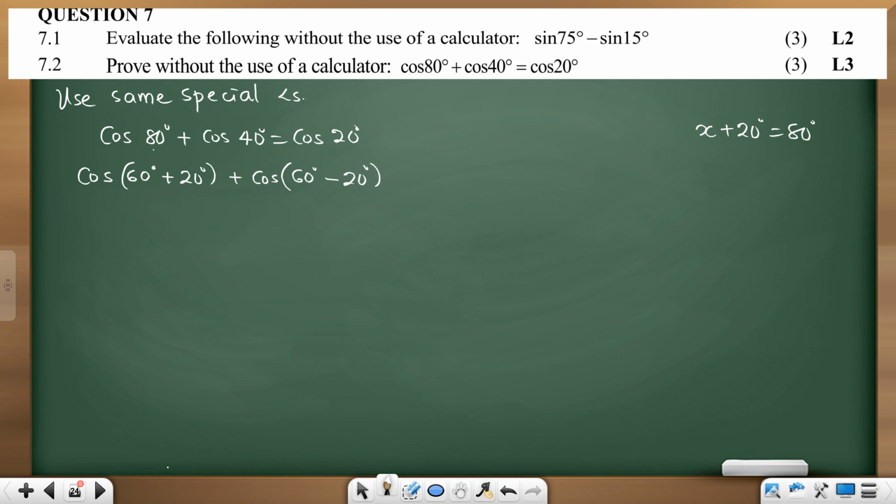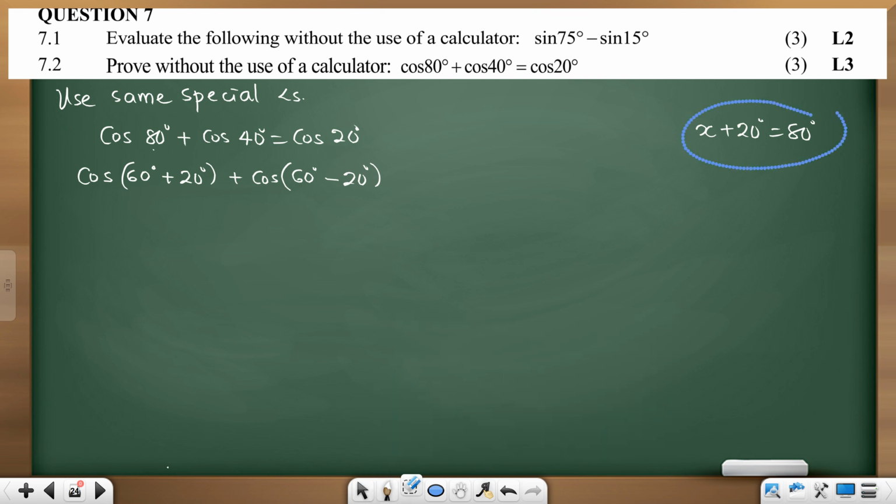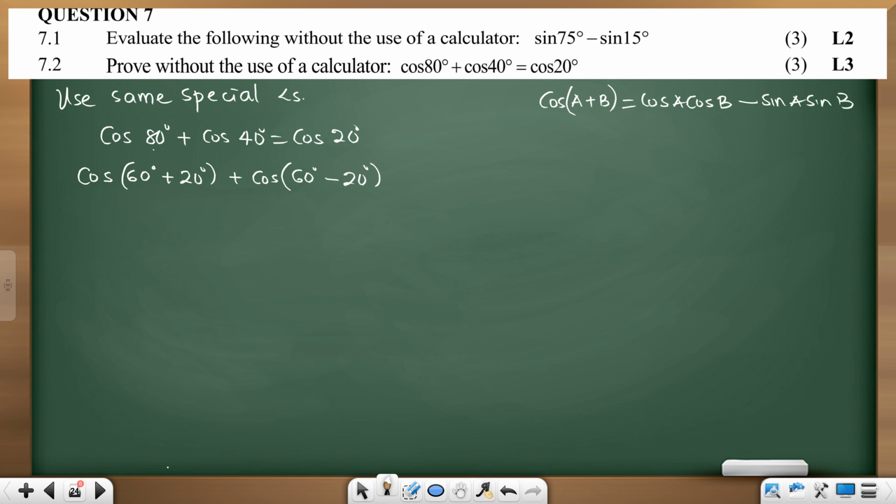It was 60 minus 20. Yeah, that's correct. Do you notice already that I have cos A plus B, cos A minus B? I just jumped to my formula. Please get your formula page. My hand is paining me. I'm writing this formula. Cos A plus B is cos A cos B minus sine A sine B. And what is cos A minus B?